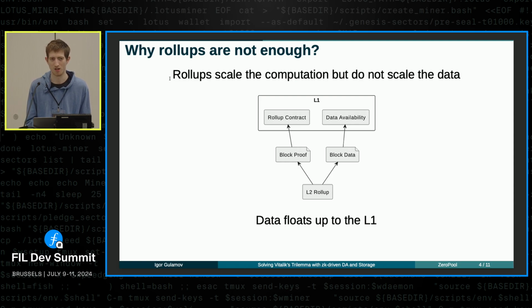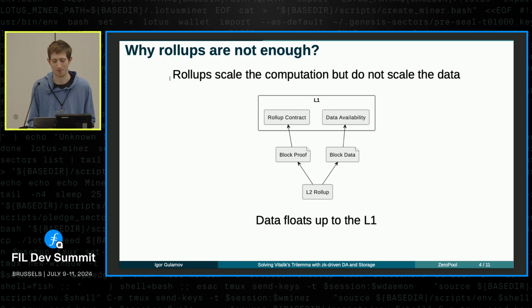And if we deploy a rollup inside a rollup, anyway, the data will float up, so we will get no advantage from this construction. That's why L3, L4, and so on currently is not so popular an approach to build it.